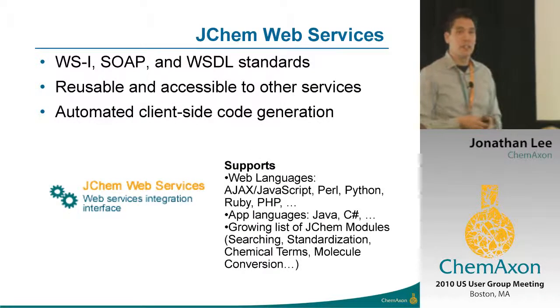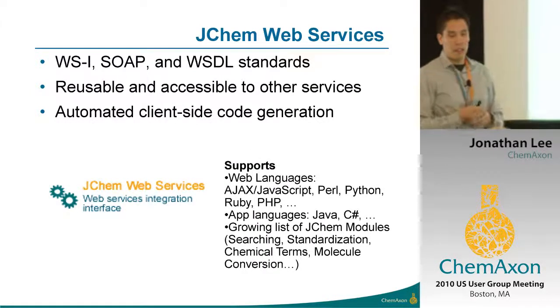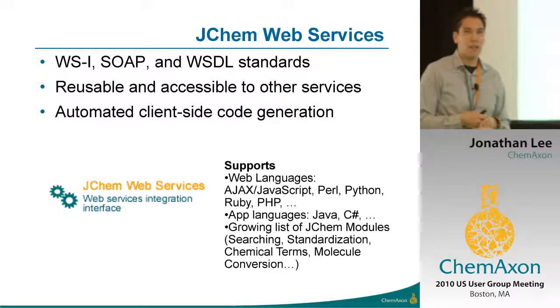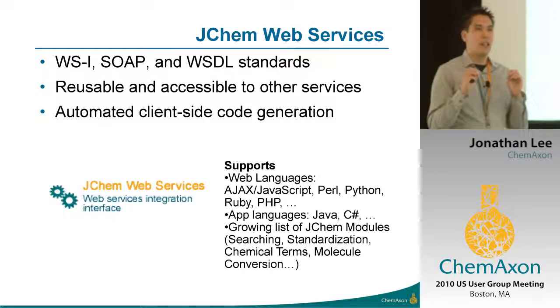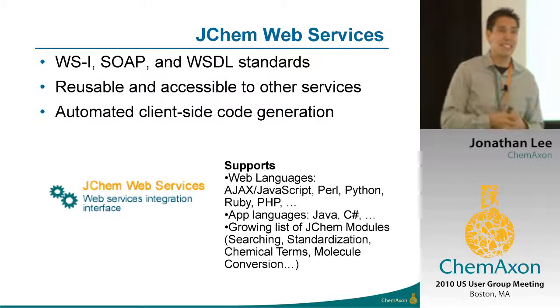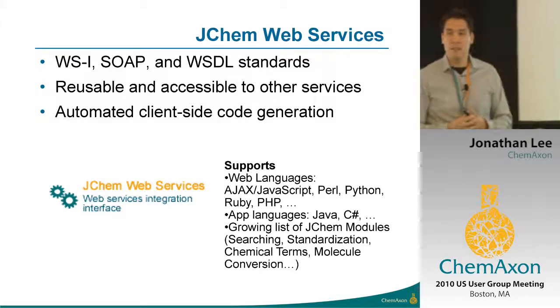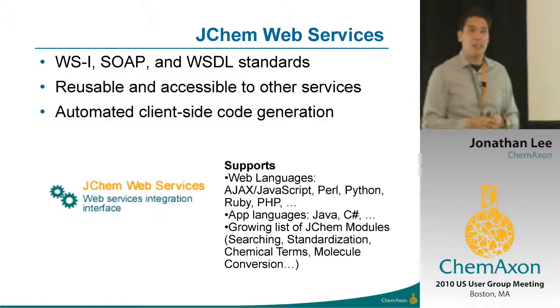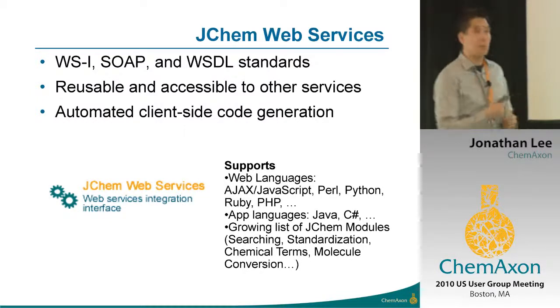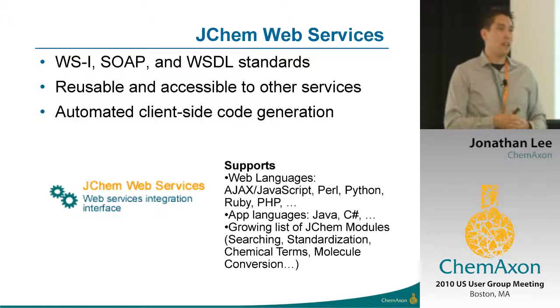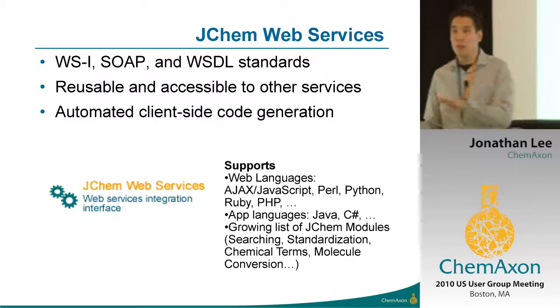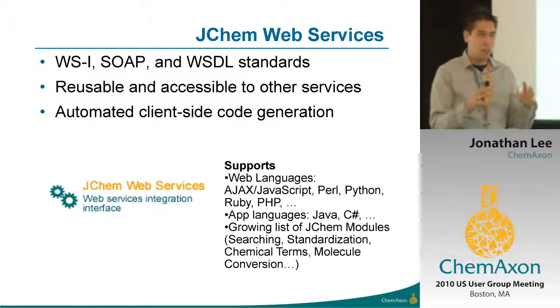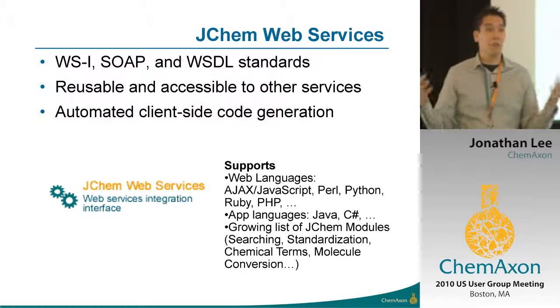JChem Web Services is what I like to think has interoperability as its main point. We want to make sure that we use all the standards in the industry, like WSI, SOAP, WSDL, and allow everybody to use this outside of Java world, but inside of the web world.